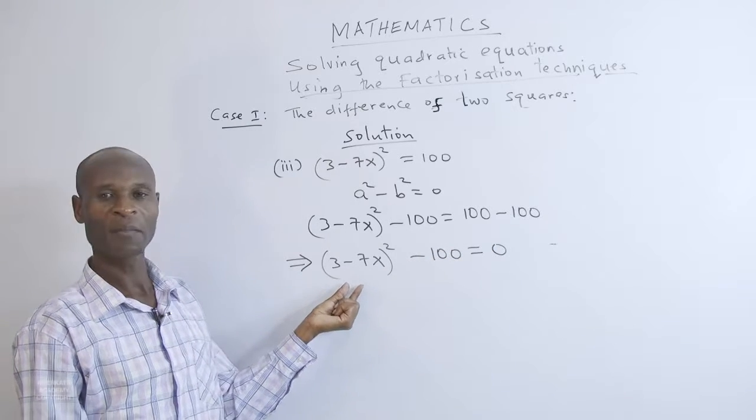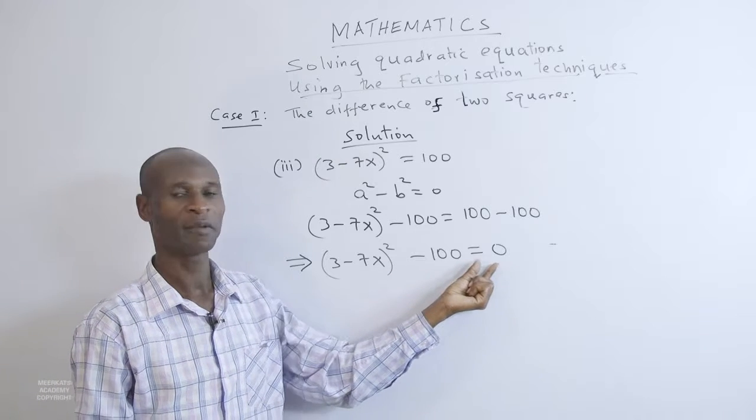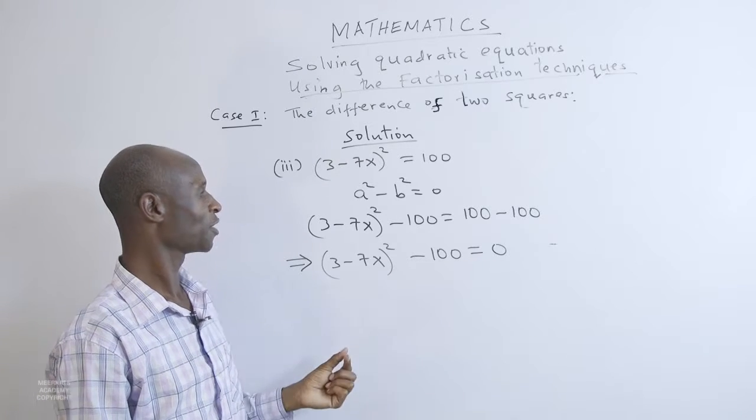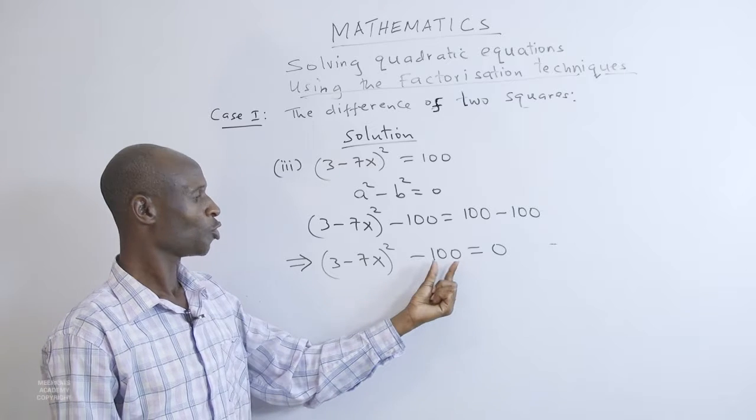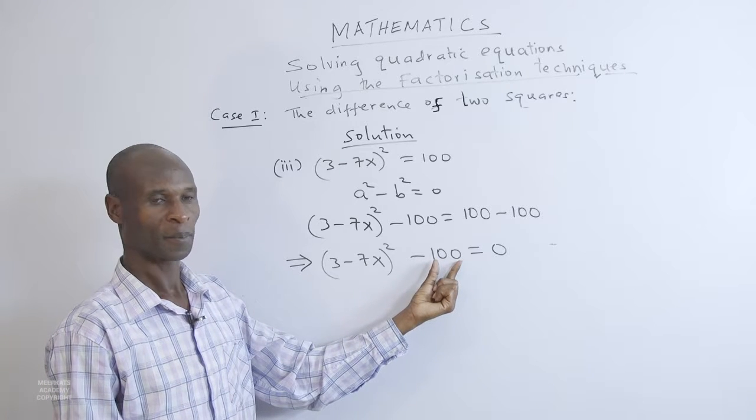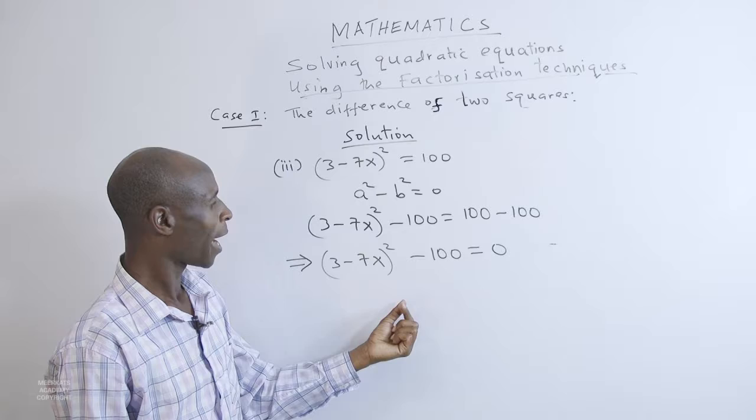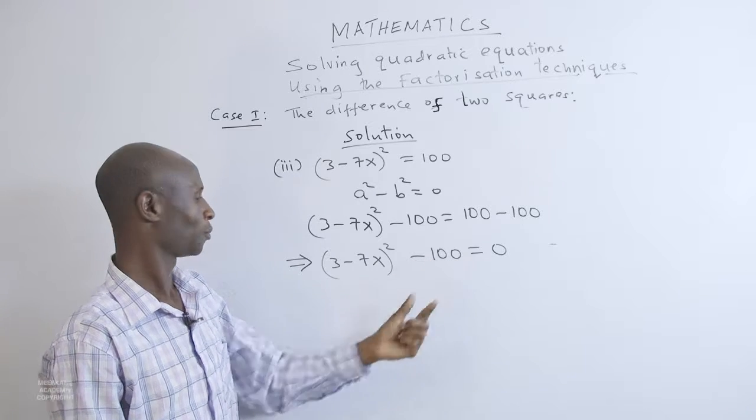So we have 3 minus 7x squared minus 100 is equal to 100 minus 100, which is 0. So at this point, we can express 100 as 10 raised to power 2.